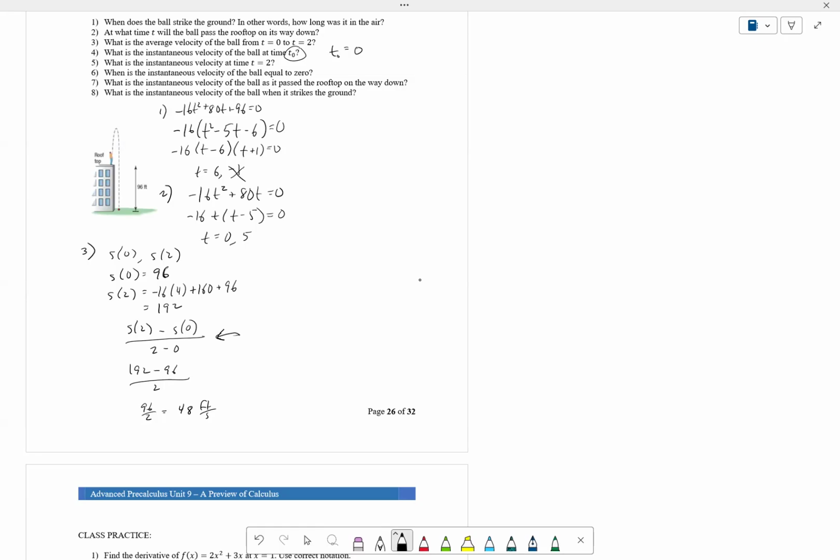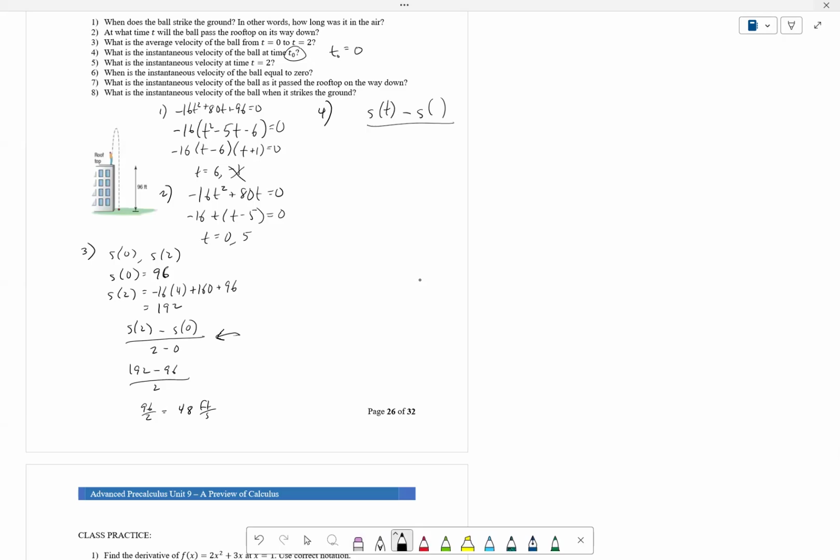So for 4, and this is so poorly placed, I'm going to take that s of 2 and subtract from that s of t and put that over... I'm sorry. Is that what I'm doing? I think it's backwards.